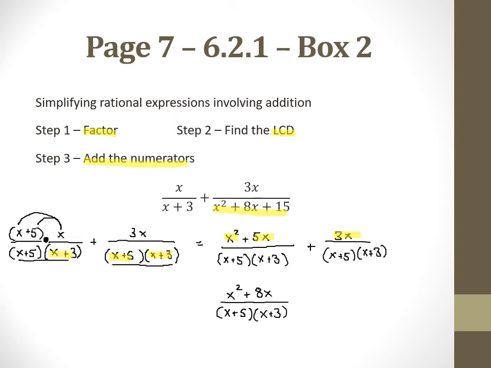And that would be your final answer. If you wanted to FOIL it back out and write x squared plus 8x over x squared plus 8x plus 15, you could do that as well. Either of those would be considered correct.